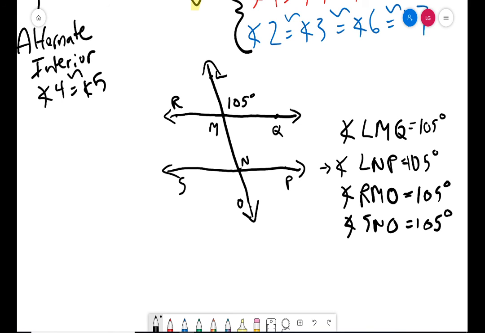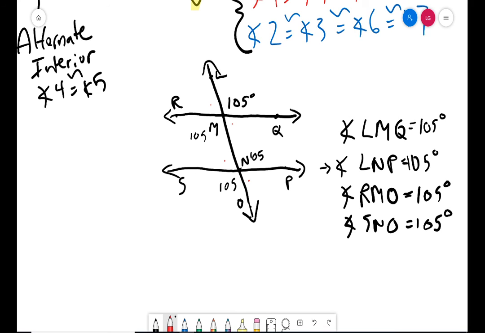So 105, 105, 105 degrees. Now you can see 4 unlabeled angles, right? And we know from the previous diagram they're all equal to each other. They are all congruent.